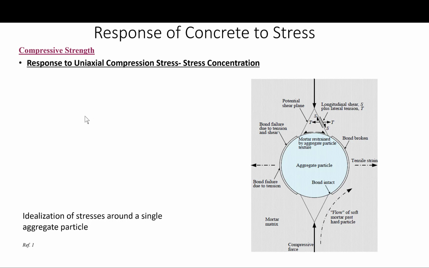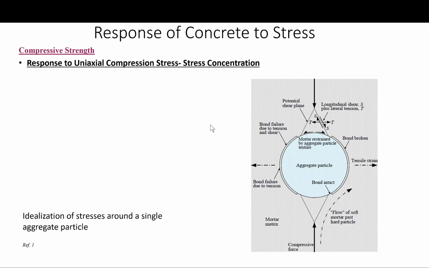So even in compression, there will be some regions around the aggregate particle subjected to tensile stress. When the stress reaches the material tensile strength, a crack will start to grow. The compressive failure is preceded by progressive cracking, largely parallel to the axis of loading. This is the axis of the loading.